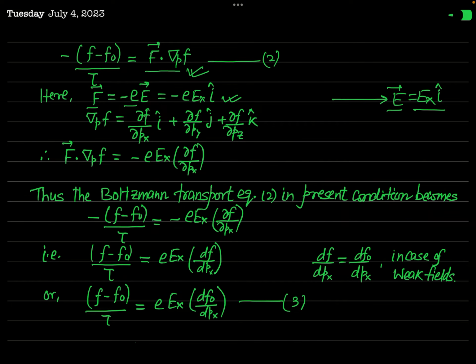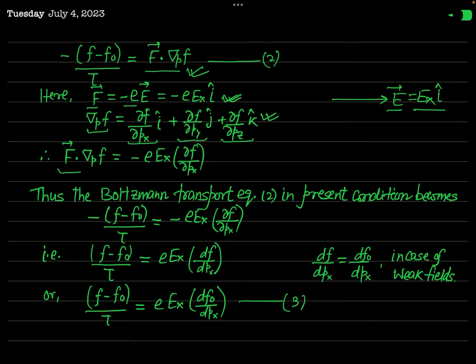Okay. And you know what the gradient of f is. From the definition of gradient, you can write it as del f by del Px i plus del f by del Py j plus del f by del Pz k. Del p is the gradient operator in momentum space, so in place of x, y, z, you have to write Px, Py, Pz. Okay. So F has been defined here, and the gradient of f is defined here.